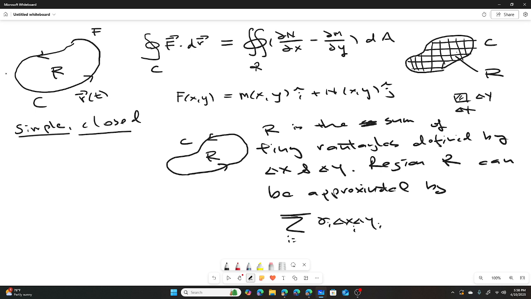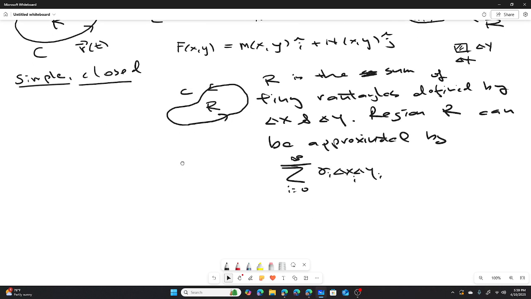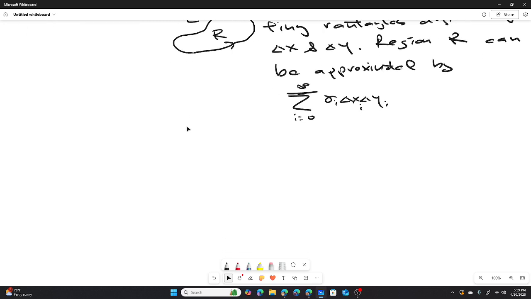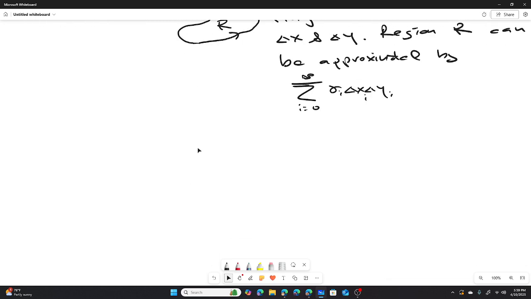Maybe you want to have infinite number of these squares that can approximate this region R. This is the first assumption. And the second thing is the intuition that, again, imagine we have a simple closed curve C, and that's counterclockwise, right?